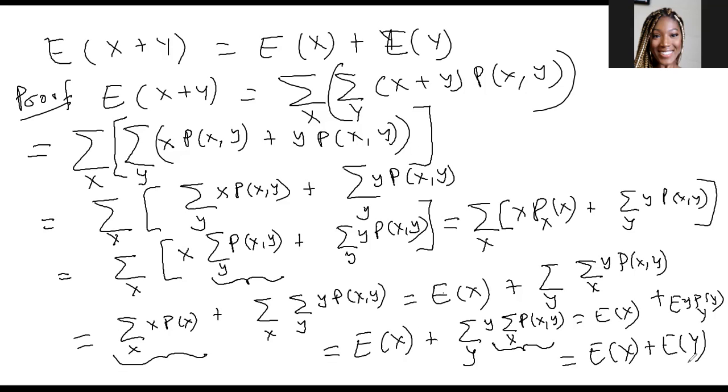Just work out your brain to understand how those things are going. That's the main purpose of learning proofs. Okay. Let's do E of x times y now. In all of this, we are assuming convergence of our sums.